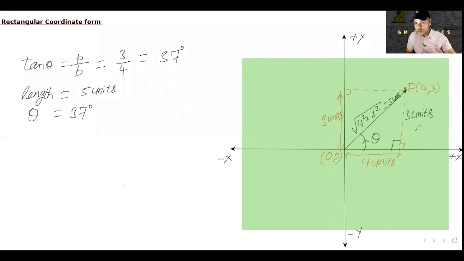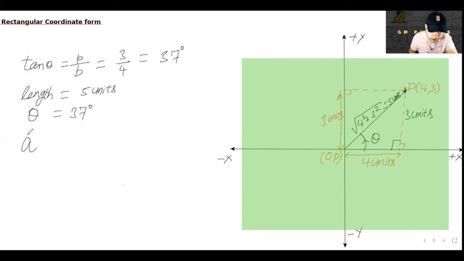So now the big question is how to represent the vector. So now see, I'm going to represent that vector in rectangular coordinate form. It means we have to write this vector in its rectangular coordinates, or its components, or its projections. So for this case, I'm writing the vector. Let's call it A vector, just for convenience.